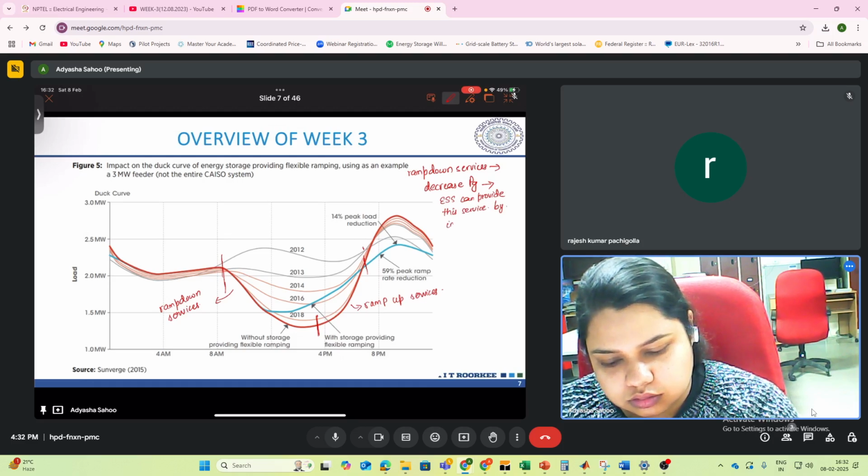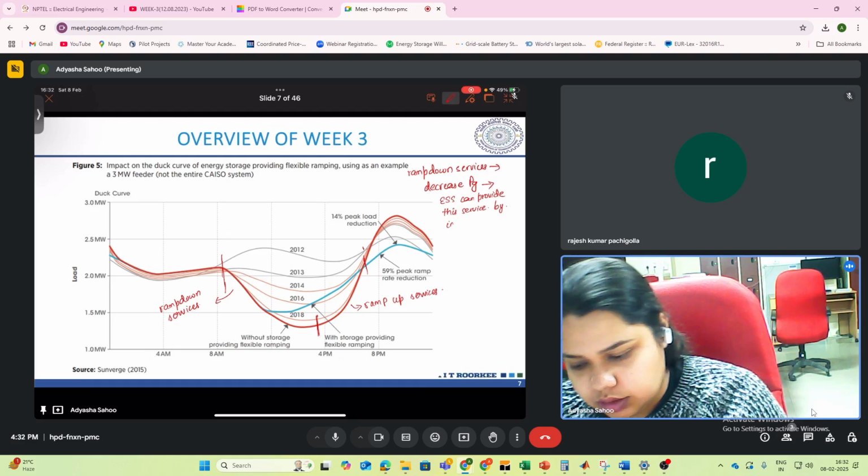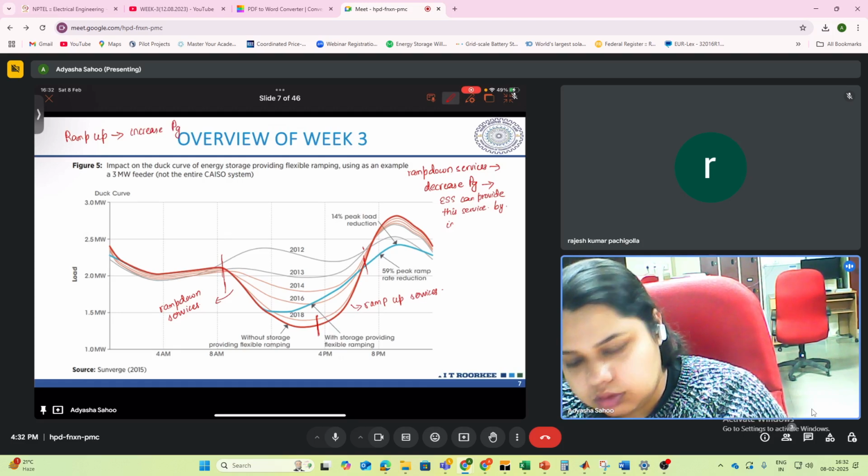Similarly, for a ramp up, you need to increase the generation, or the second alternative is to decrease the load.